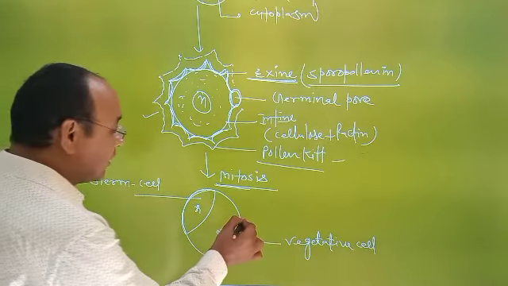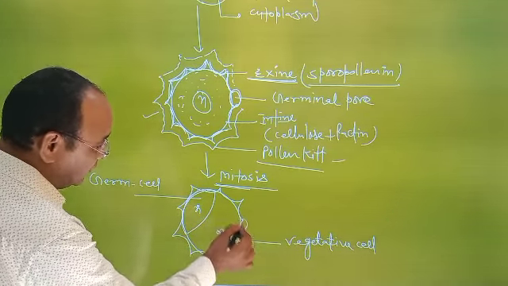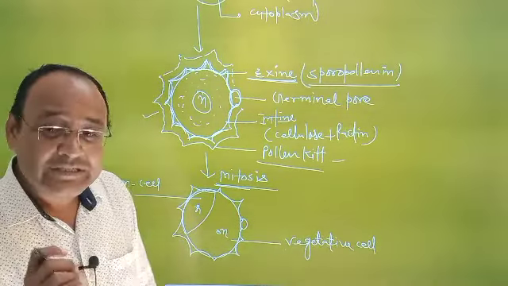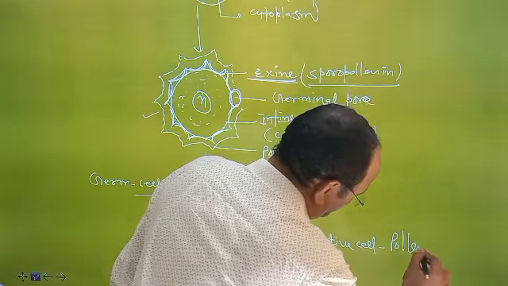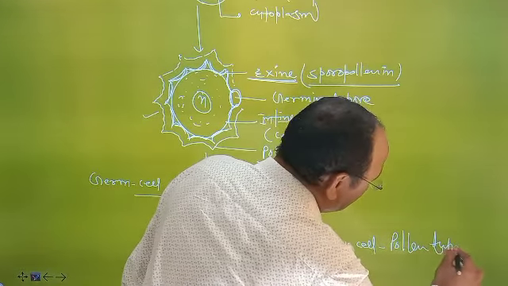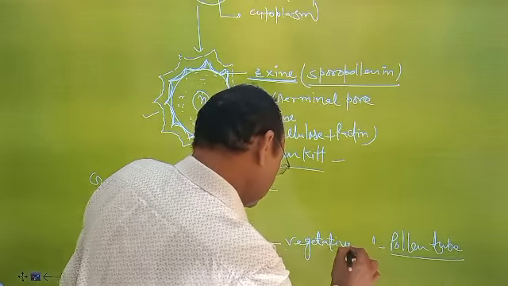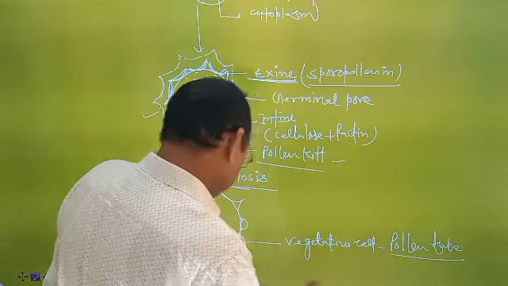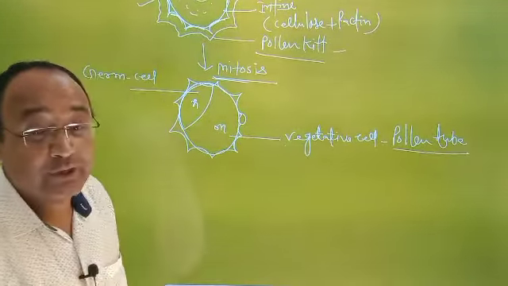What is the function of the big or vegetative cell? The vegetative cell develops the pollen tube during pollen germination.